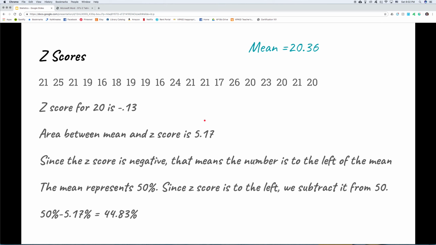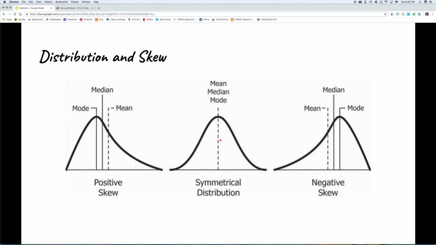If you look it up in table B1 in the textbook, it tells you the area between the mean and the z-score is 5.17. So if you're looking here, it's negative, so it's going to be over here. So that means that the area between the z-score and the mean is 5.17. So that's the area between there.